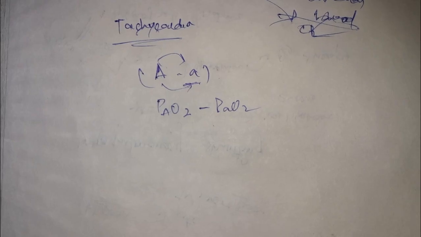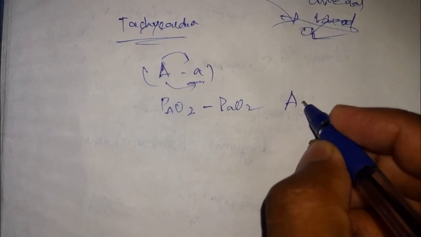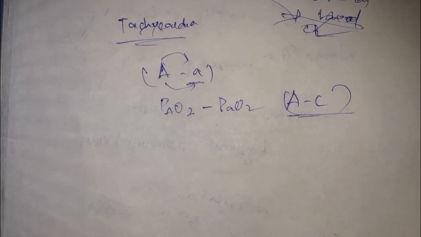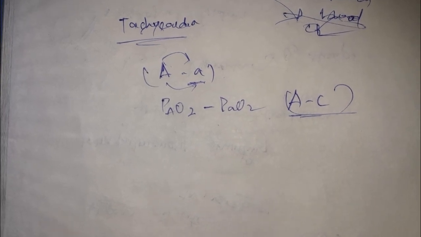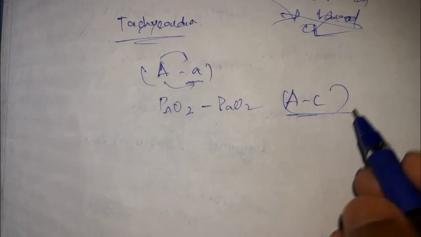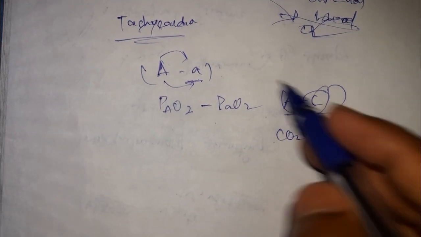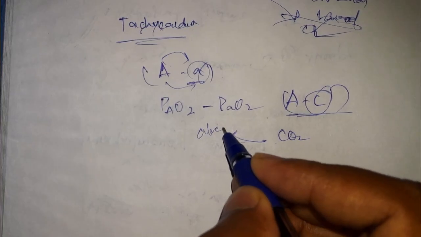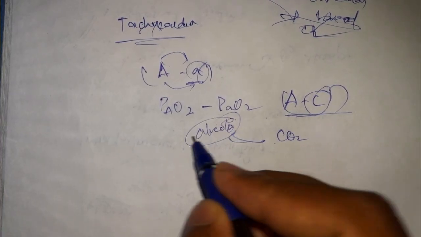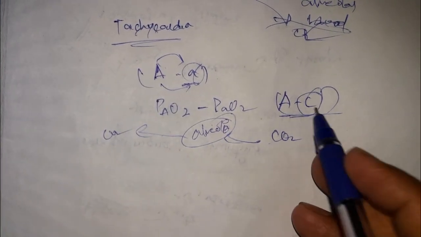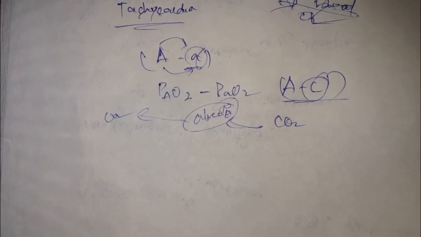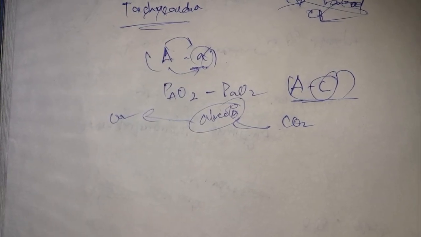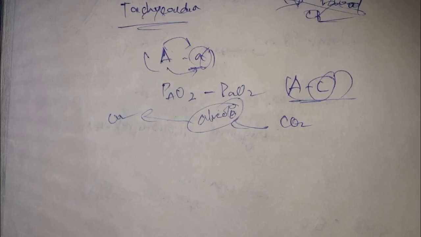And also A to C, that is the alveolar capillary membrane, where diffusion also occurs. So alveolar to capillary. The capillary leads not only to the artery, but CO2 also comes towards the alveoli, and then only the CO2 gets removed. That is why the C term is referred to here. That is the alveolar to capillary membrane gradient.